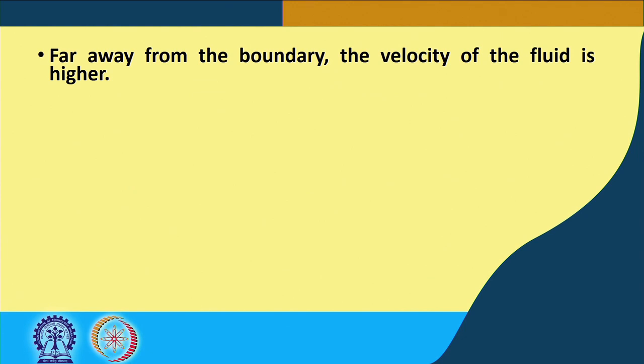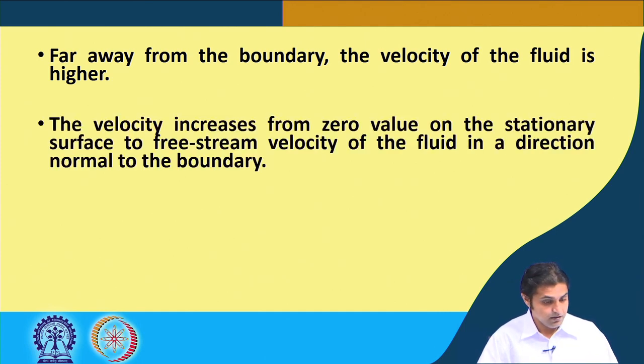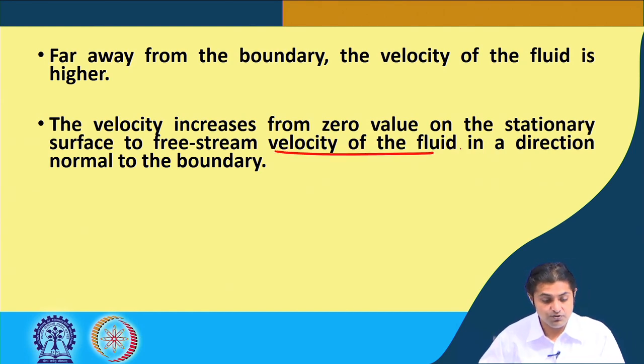Far away from the boundary, the velocity of the fluid is higher, and the velocity increases from 0 on the stationary surface to the free stream velocity of the fluid in the direction normal to the boundary. That happens when the surface is stationary.